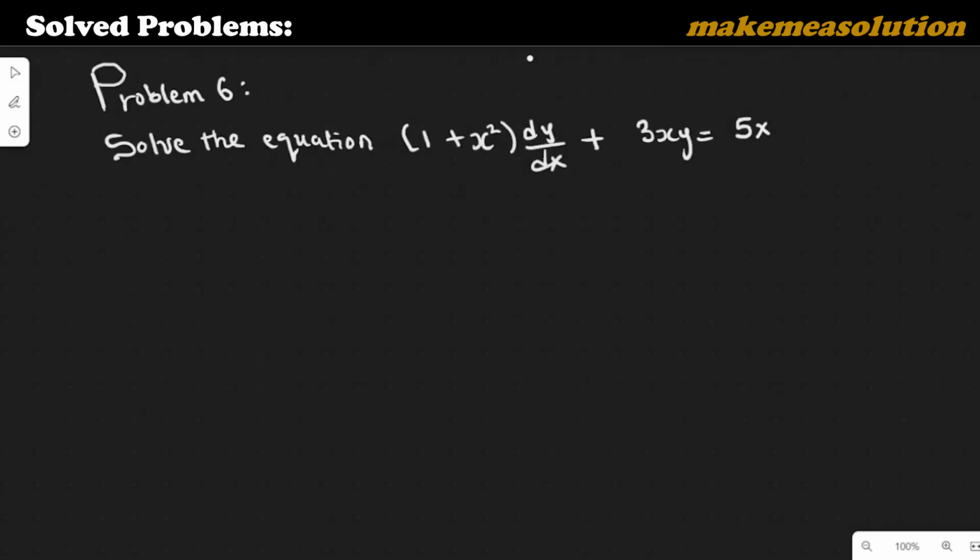Okay guys, here we go with problem 6. Solve the equation 1 plus x squared dy dx plus 3xy is equal to 5x. So how do we go about this?